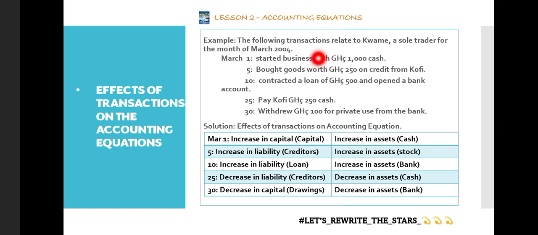When he's starting a business and introducing something inside, that thing is referred to as capital. So the very moment you see a transaction like this, keep it in mind that the first account is a capital account.